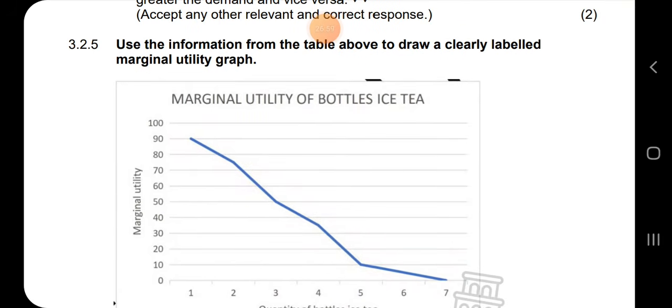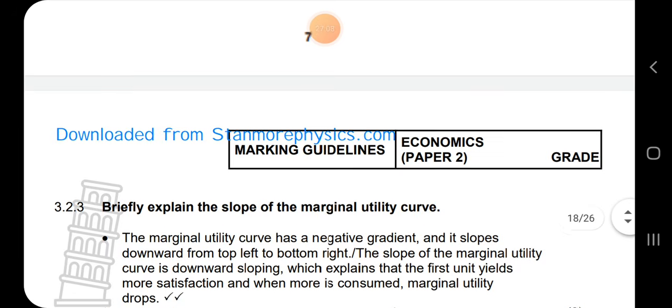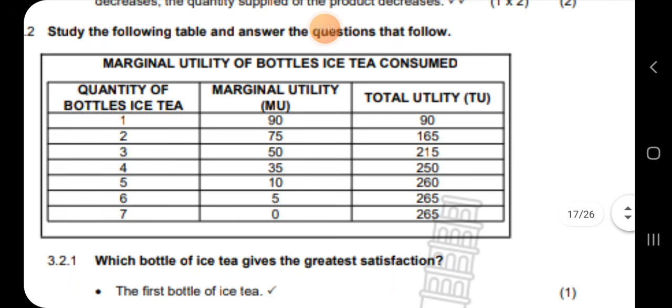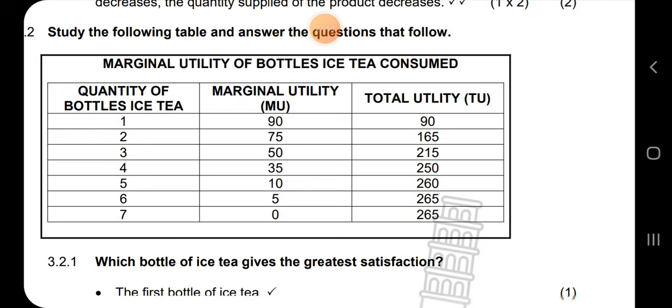3.2.5 says, use the information from the table above to draw a clearly labeled marginal utility graph. So this is the information that you have. You use this information to draw a marginal utility graph.